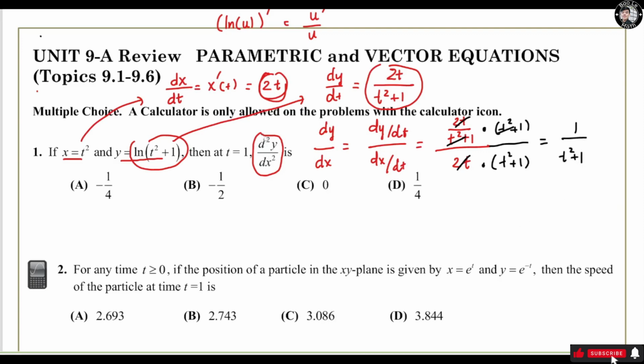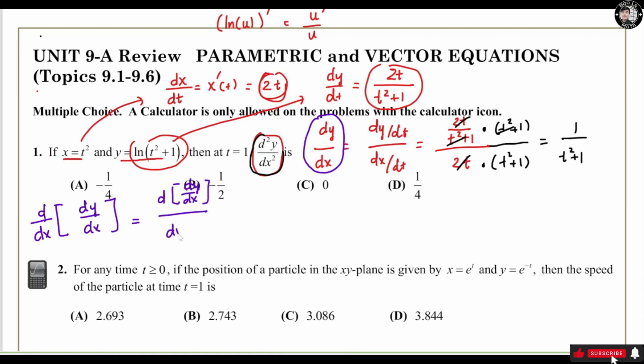Now we need to calculate the second derivative, which means we need to find the derivative of this one. So we have d over dx of dy over dx.